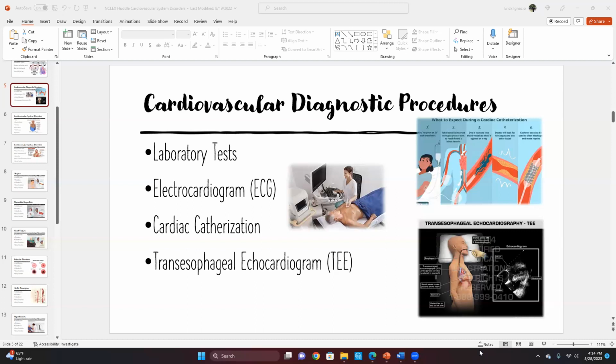With coronary angioplasty, if there is a blockage in that coronary artery, remember coronary arteries are the arteries of the heart, they can perform coronary angioplasty, and a balloon tip catheter will be used to press that blockage to the side, and they will open up that coronary artery.